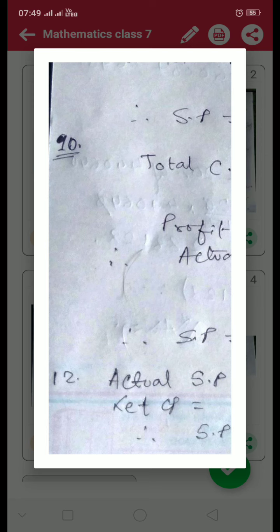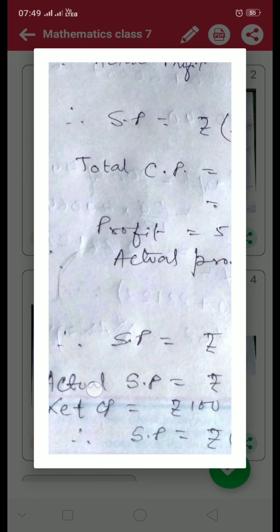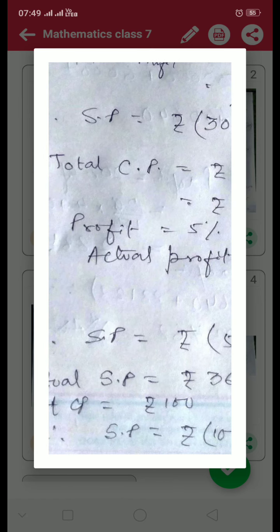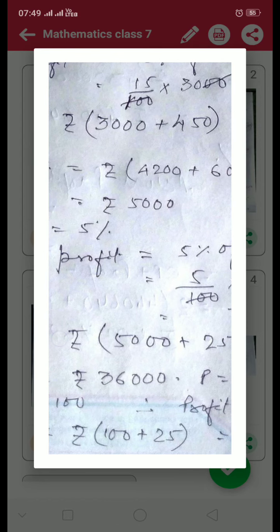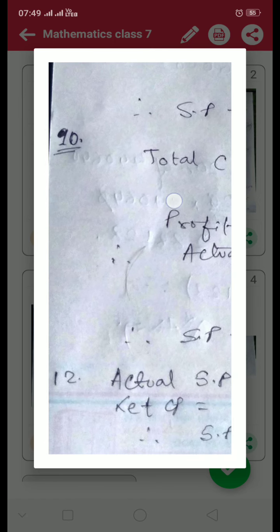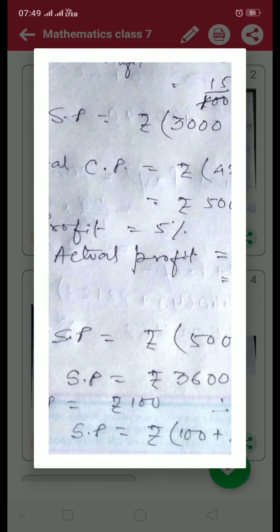So you have to find what is the polish cost. So total SP is rupees 36,000.